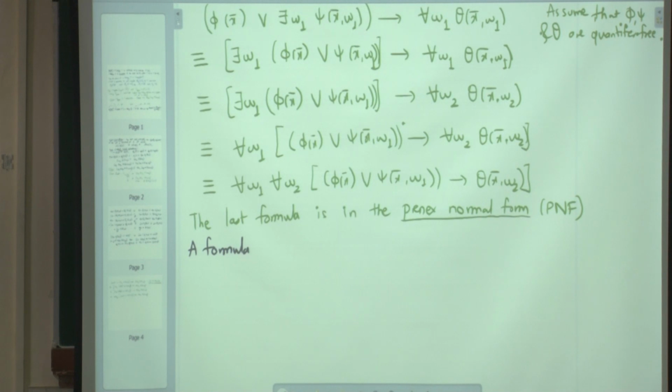Okay, maybe I should write down the theorem directly. This is a theorem, but we are not going to prove it.